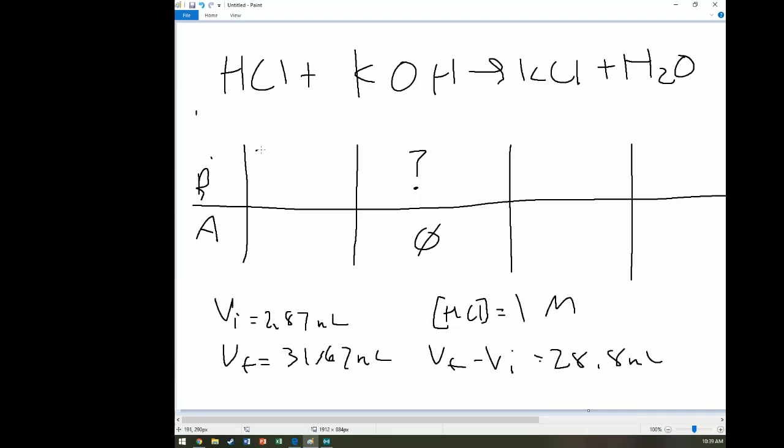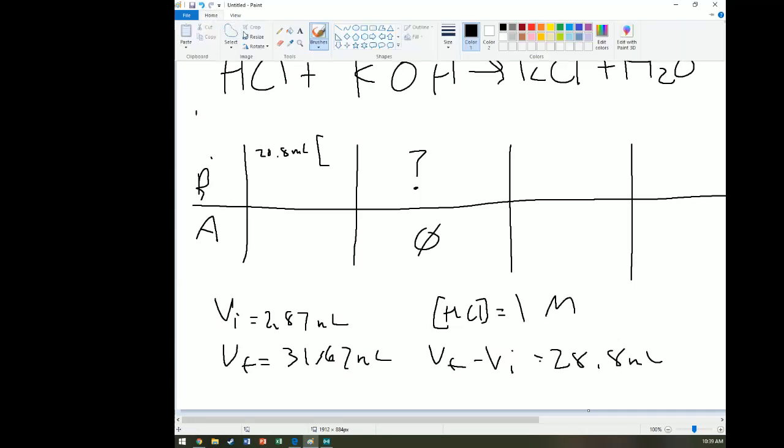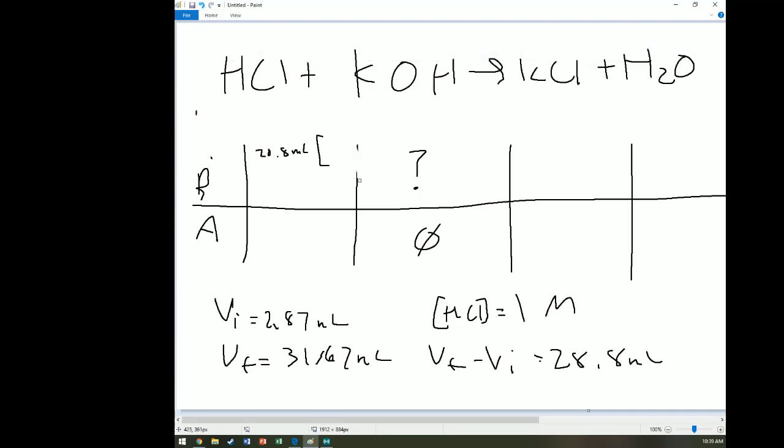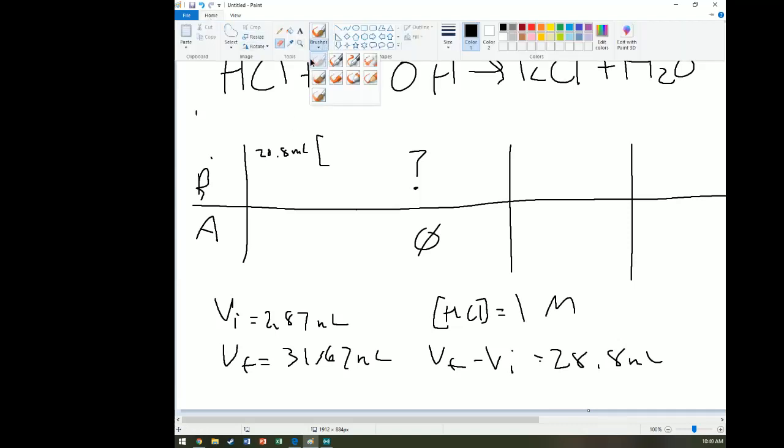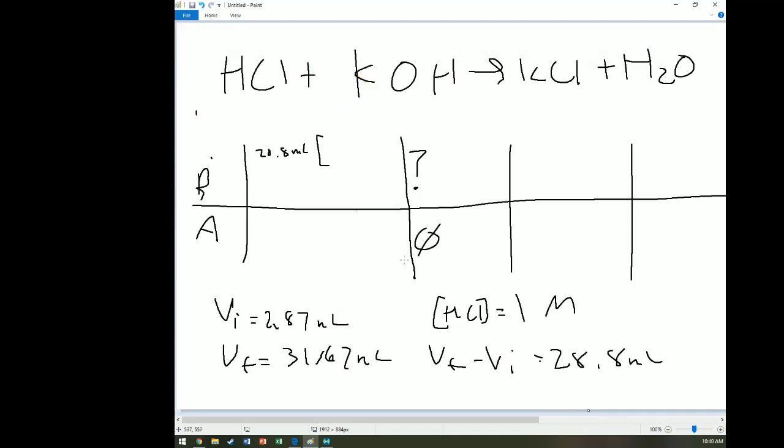So I know that there was 28.8 milliliters, and since I know the concentration, there was a mole for every 1 liter, which is the same as 1,000 milliliters.